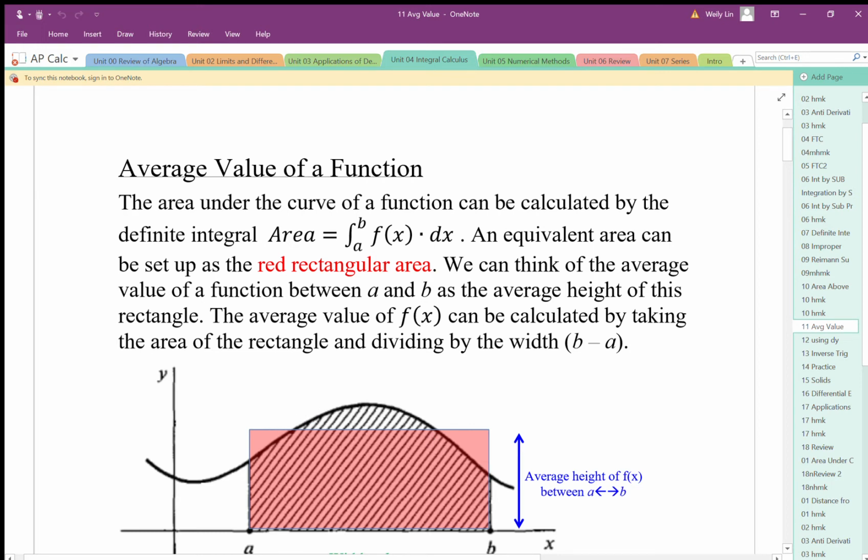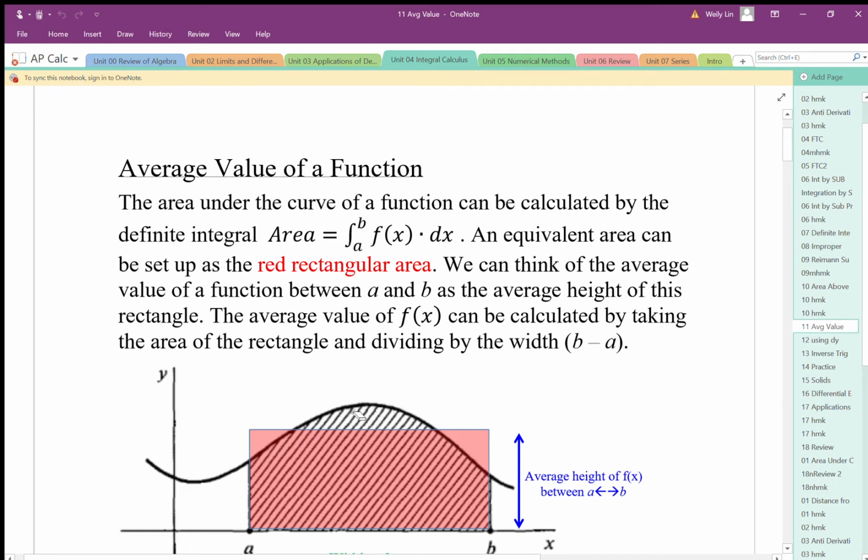So what we can do, to find the average value of a function, is find the area underneath this curve. The average value from A to B is going to be found by finding the area under this curve.